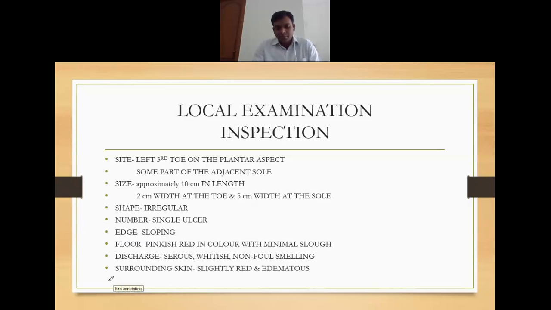Local examination, immediately you have to tell what part you examined. You never mentioned what part you examined here, and you are telling site. Site means what? What is there in that site?